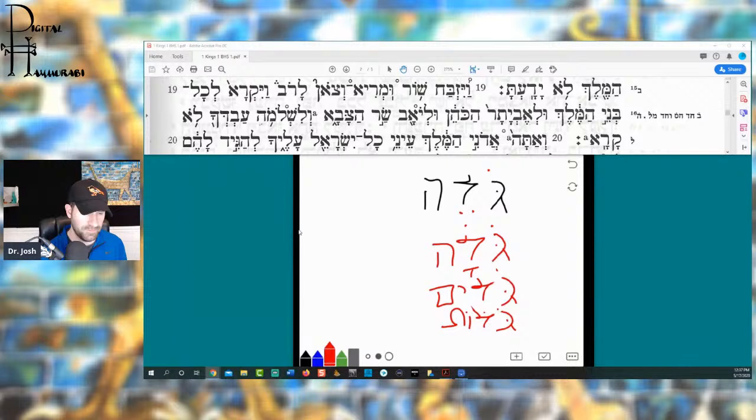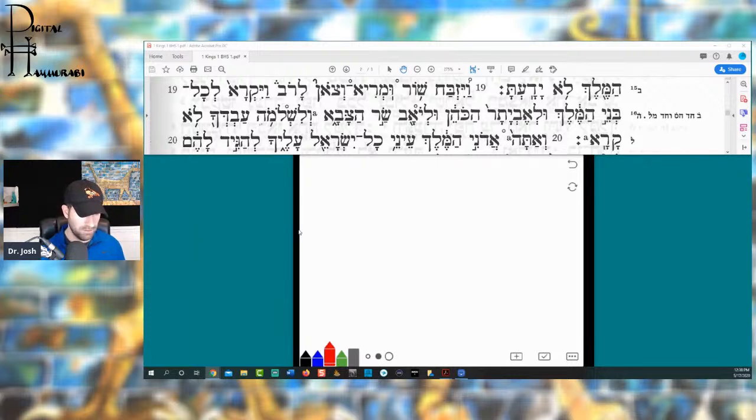The hey drops off. You get a qamets hey here instead of what you anticipate, that et. So gole, gola, golim, golot, and then finally, he gives the form of the middle weak verbs.